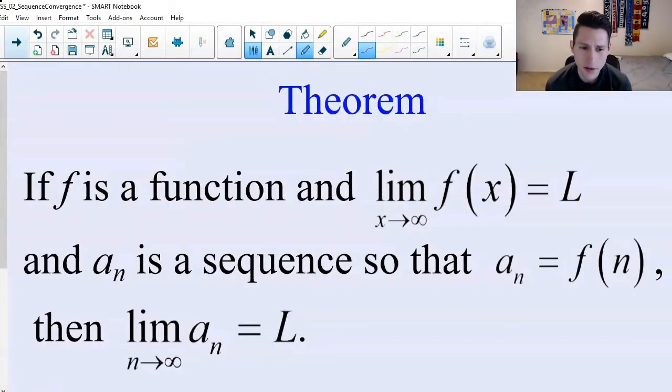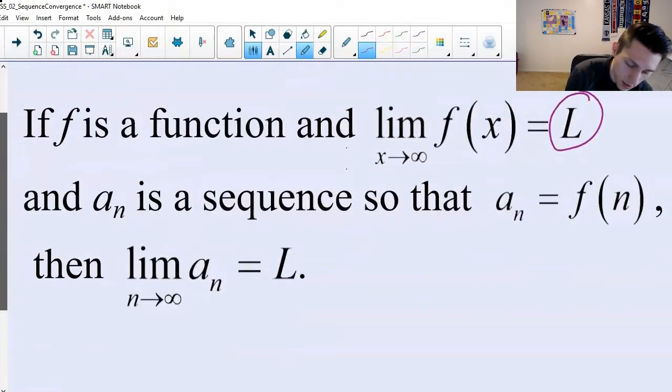So a nice little theorem. If f is a function and the limit is L, and a_n is a sequence so that a_n is the same as that function, then the limit of a_n is L. Basically, if we have any function and we know that it has this limit L, we could instead turn that function into a sequence.